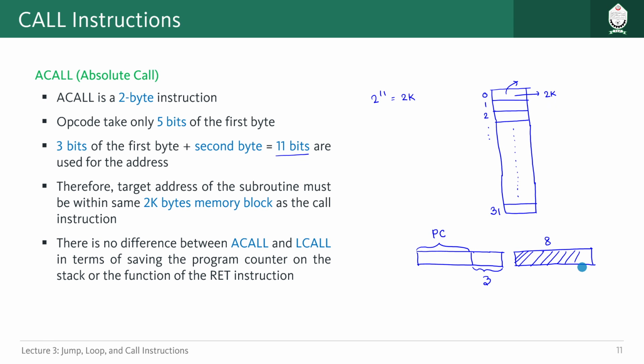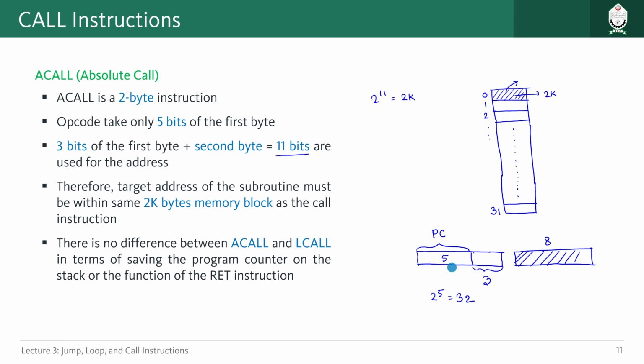So because of that, we have to be in the same 2K region, because that will be based on the 5 bits of PC. Because if this is 5 bits, in total there can be 2 to the power 5 or 32 combinations. So those 32 combinations we are talking about here.